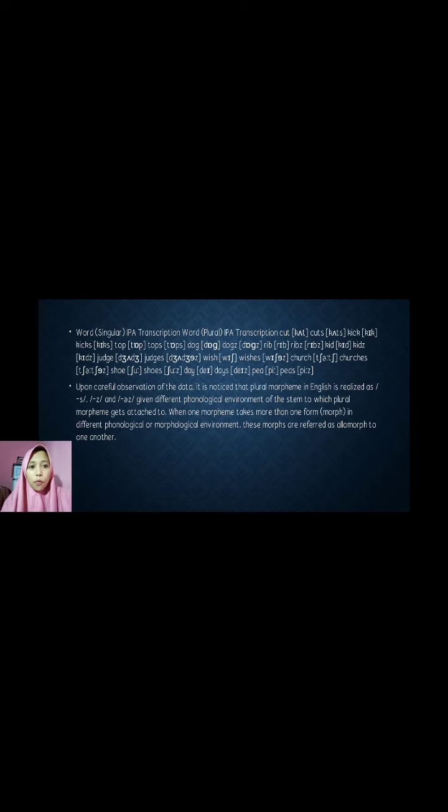When one morpheme takes more than one form, or morph, in different phonological or morphological environments, these morphs are referred to as allomorphs of one another.